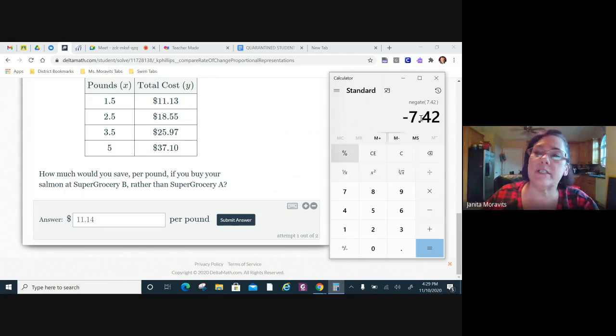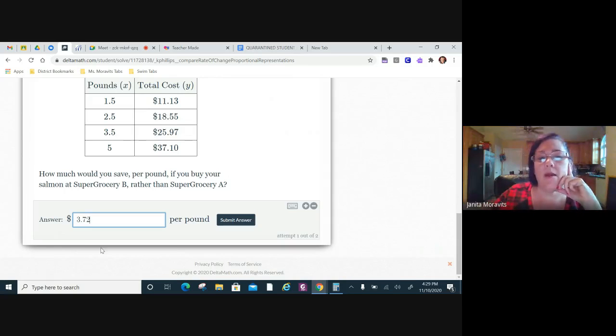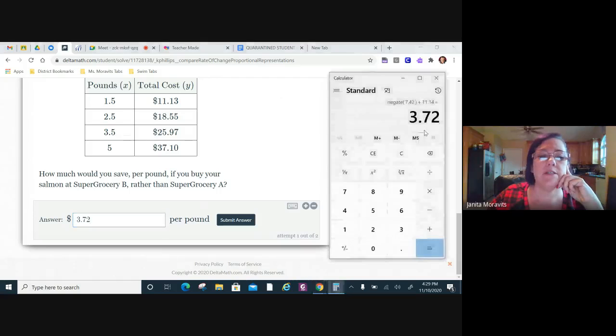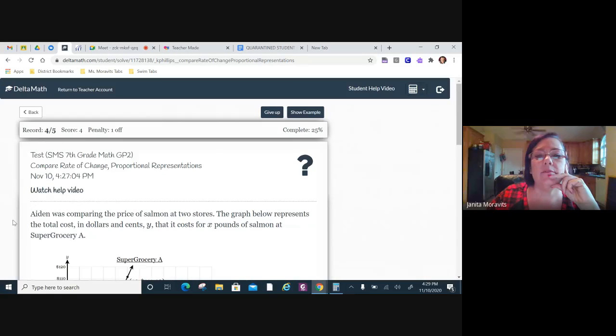You can say 11.14 minus 7.42, but I'm making it negative, and I'm just going to add the 11.14 on the calculator, and we get a savings of $3.72 per pound, right? 372, 372. Let's submit our answer and go.